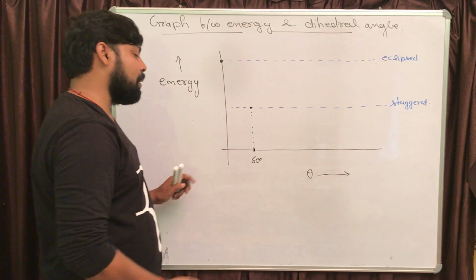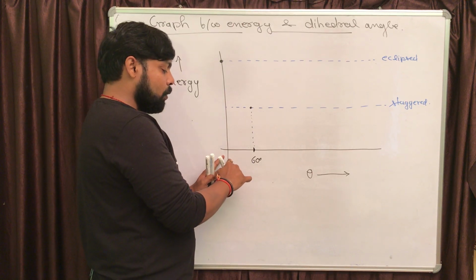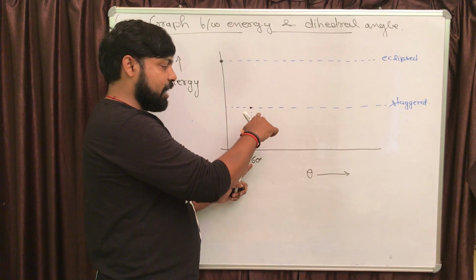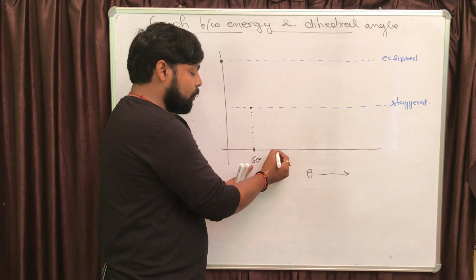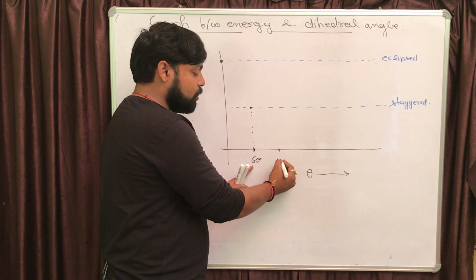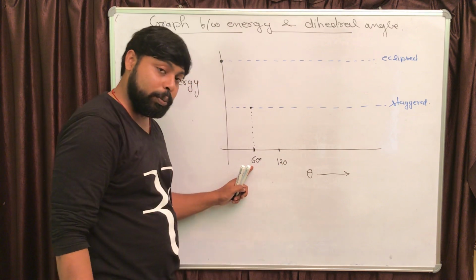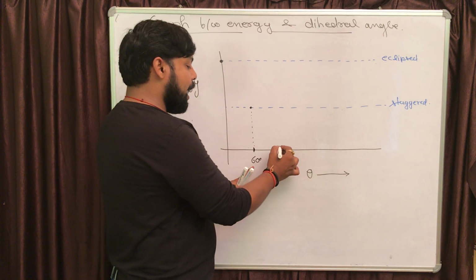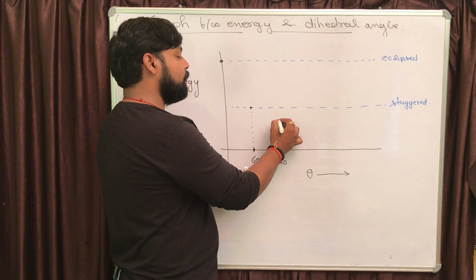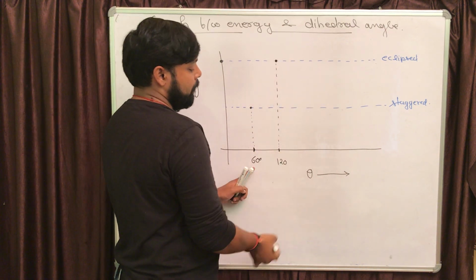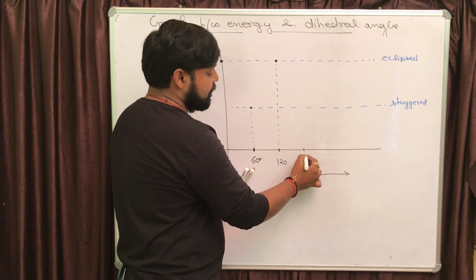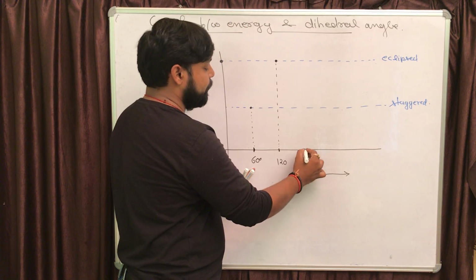Again rotate by 60 degree, from 0 to 60 you are getting staggered. Again if you are rotating 60 degree, from 0 it is going to be 120. Overall rotation is going to be 120, and at 120 you are going to get eclipsed form. Next, again rotate by 60 degree, it is 180 actually, from 0.